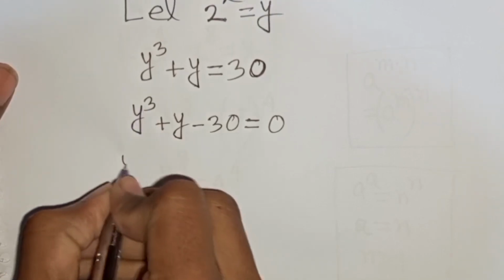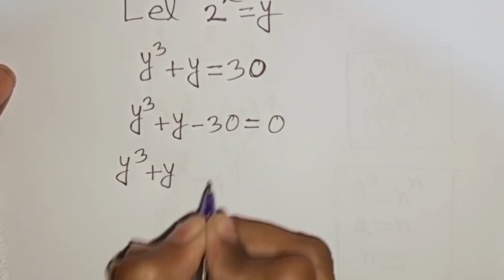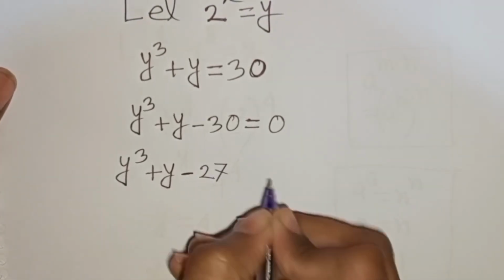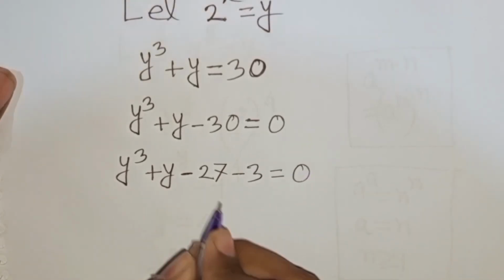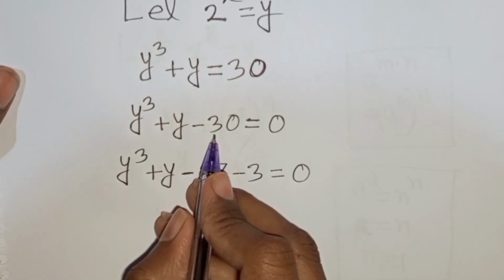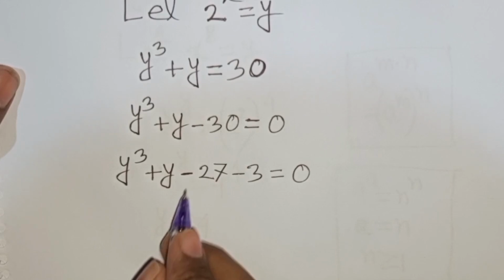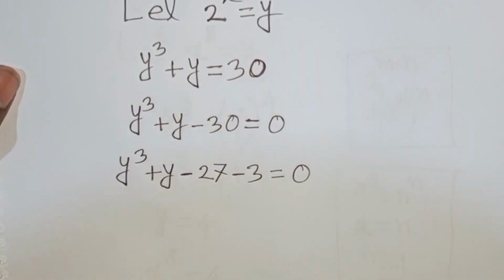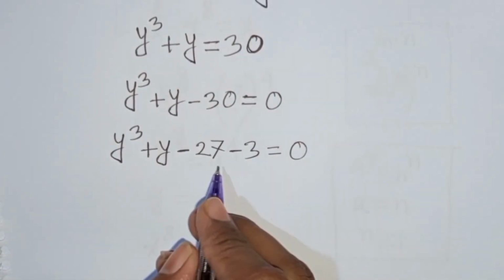Now we have y cube plus y, then minus 30 can be written as minus 27 minus 3, is equal to 0. How to understand this? Pay attention here, the nearest cubic number of 30 is 27. So minus 30 can be written as minus 27 minus 3. Most of the time you can understand it with such a process.